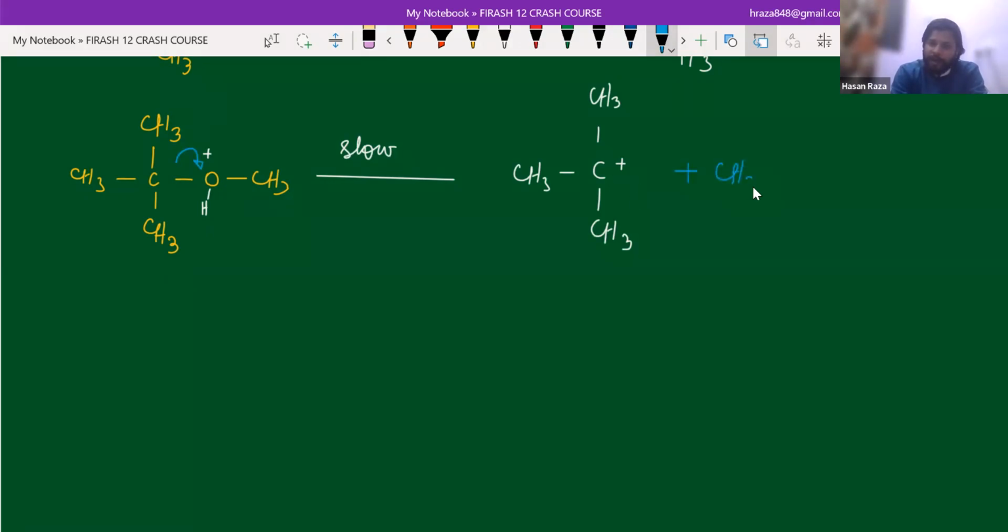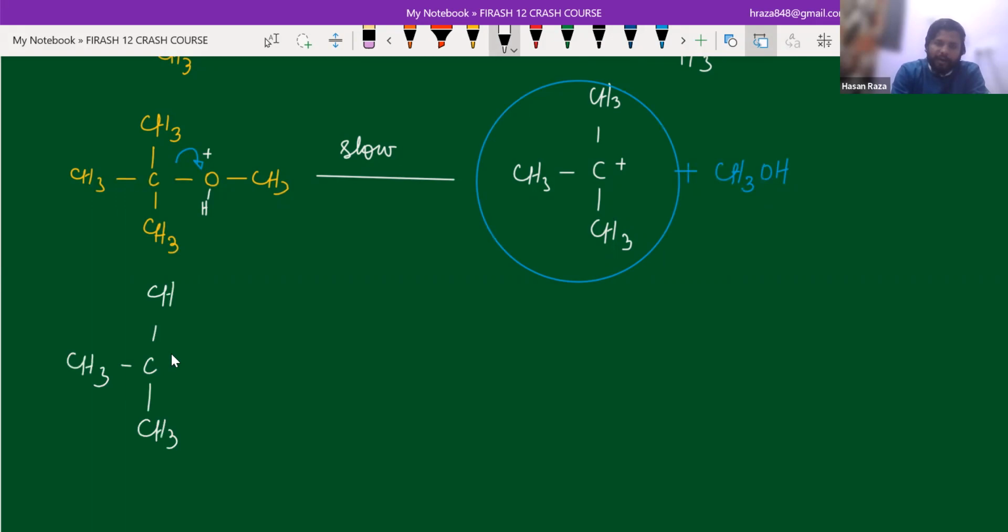Now, as you can see, this is your carbocation. What will it do? It will be attacked by the negative ion. So CH3, CH3 and positive is there, carbocation. Iodine will come and attack the C positive, and it will form the product that you have said.